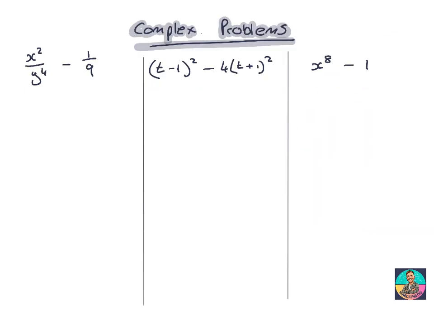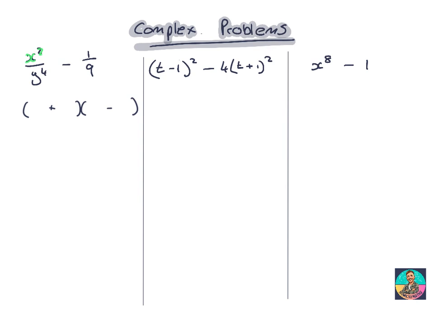Right, let's have a look at some more complex examples. So here we have ourselves a fraction and another fraction, but the questions are still the same. Is it 2 terms? Yes. Is there a minus in the middle? Yes. Are each of these things either an even power or a perfect square number? And the answer to all of those is yes. And so I'm going to open my 2 brackets, put a plus and a minus in the middle, and just look at each term individually.